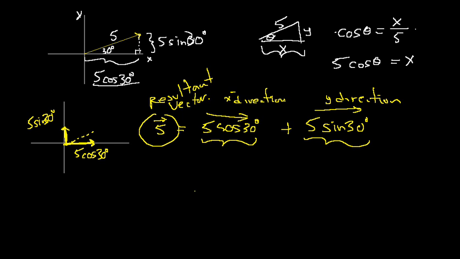So I'd like to introduce that now to you, because it's going to be very important, and it's not really that hard to understand. So let's assume that we have some x-axis and some y-axis.